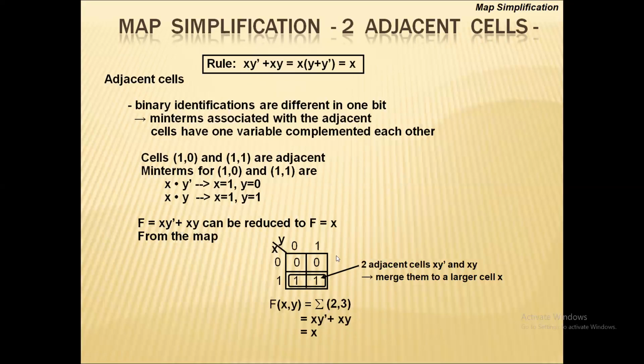And 2 variables, so there in 2 variables there will be 4 cells, 0 1 2 3. In these 4 cells, the cells which have the 1 are 2 and 3. So we put here 1 0, 1 1. So here will be 1, here will be 1.